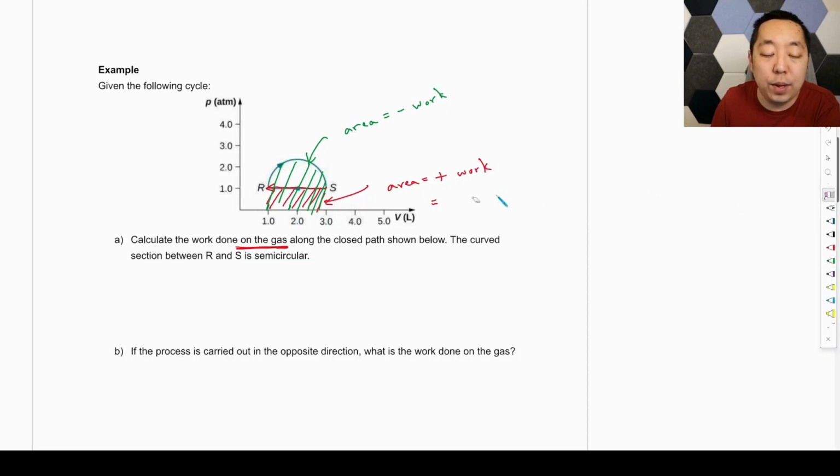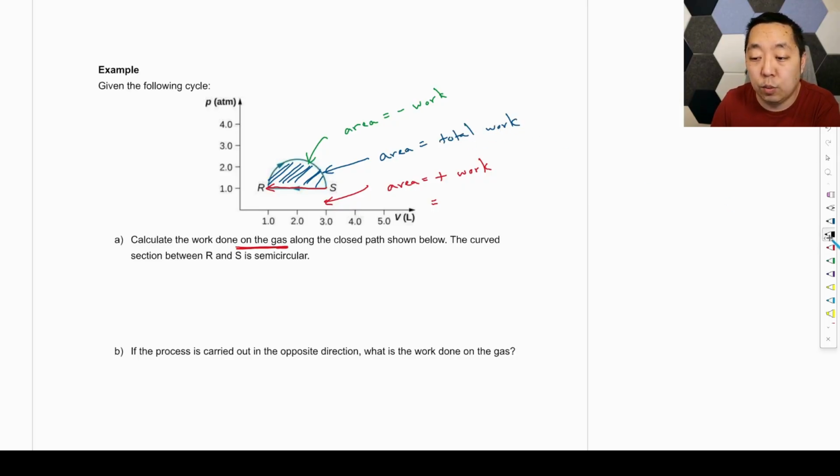And so what we talk about is the net work, the total work. The green is that total area there, and you subtract the red portion, and you're just going to be left with this area. So this area here is the total work when we go through the entire cycle.